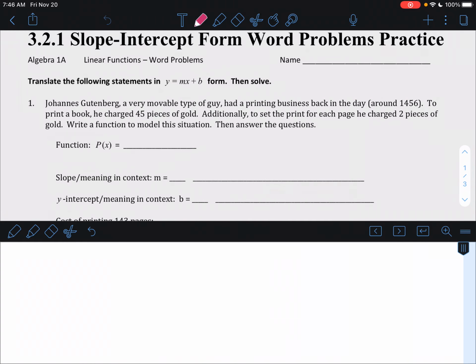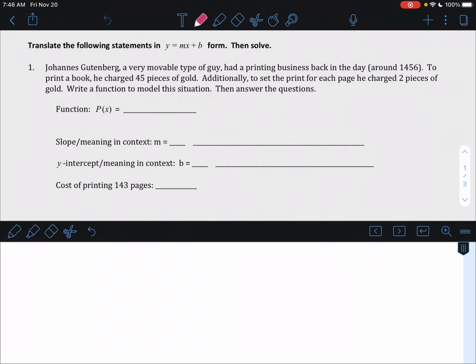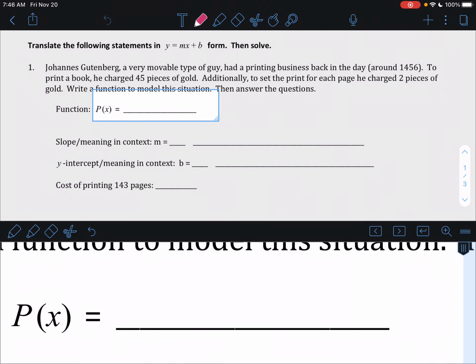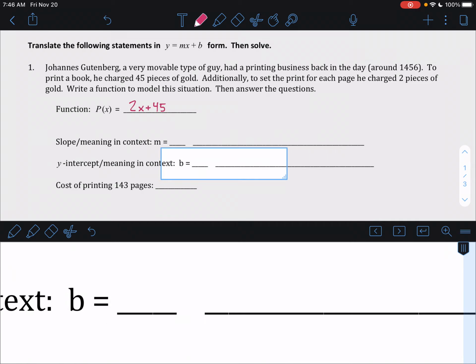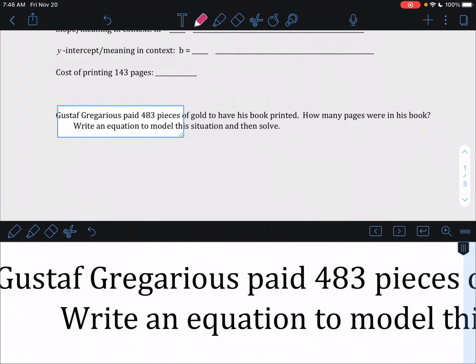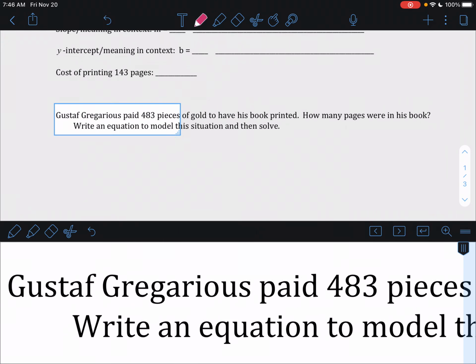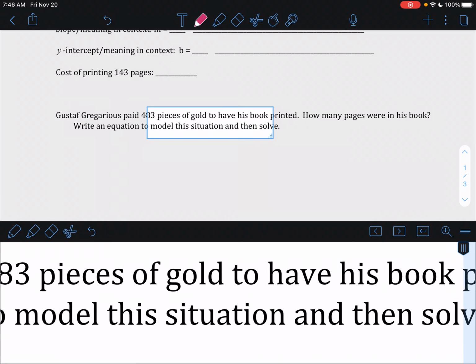and let's say, let me look at it. It looks like, you know what, I'll give you guys the function on this one. So the function should be p of x equals 2x plus 45. So you will have to fill in these blanks here and then plug in 143 to solve for y there. But in this bonus problem it gives us, it says he pays 483 pieces of gold.